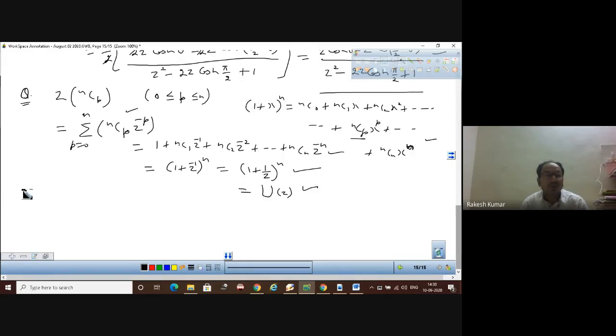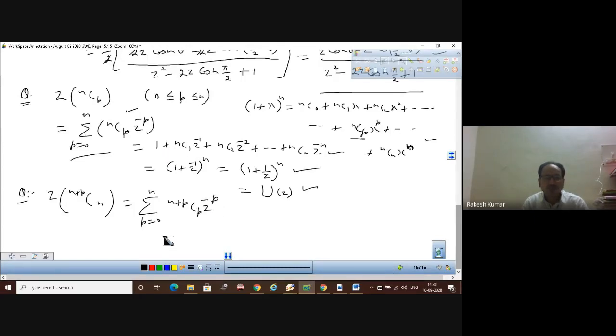One more question we have related to the binomial coefficient, that is to find out the z transformation of (n plus p)Cn. This is the question, and by using the formula, that is summation p is 0 to n of (n plus p)Cp times z raised to power minus p.